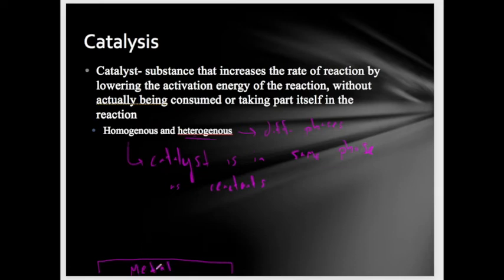It provides a location for these gas particles to get stuck on the metal, and therefore other particles can come and collide with them more easily. That would be an example of heterogeneous catalysis, because the metal, of course, is a solid, and these gas particles that come and stick to it are in a gaseous phase. So those are in different phases.